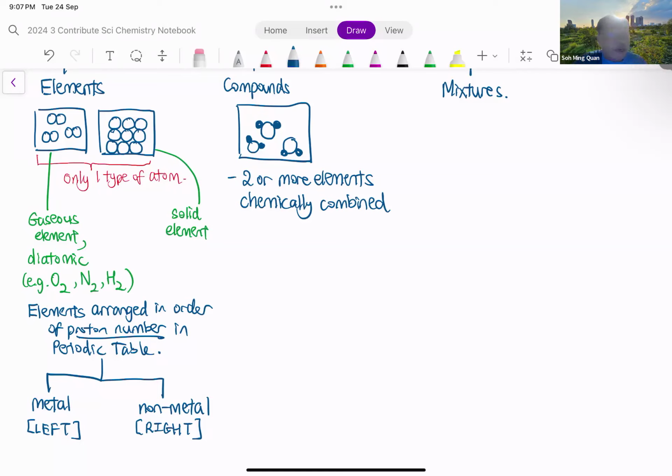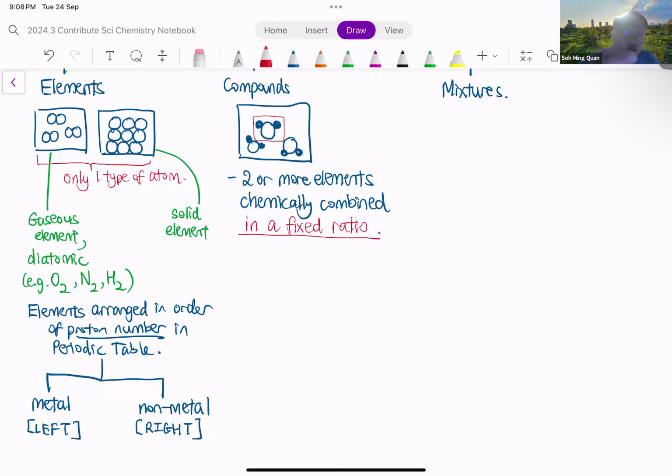Now, they are not just chemically combined in some random manner. You can clearly see there's two dark circles for each white circle, 2 dark to 1 white. So we can say that it's chemically combined in a fixed ratio. And what is this fixed ratio?